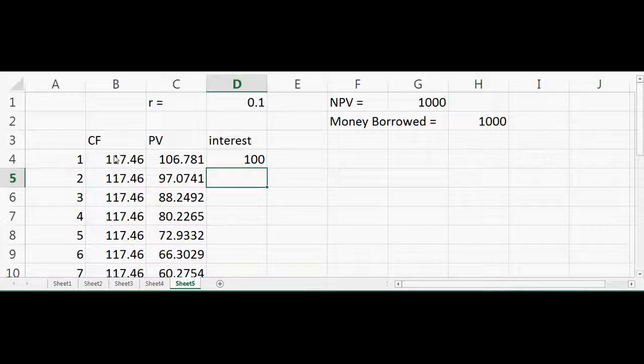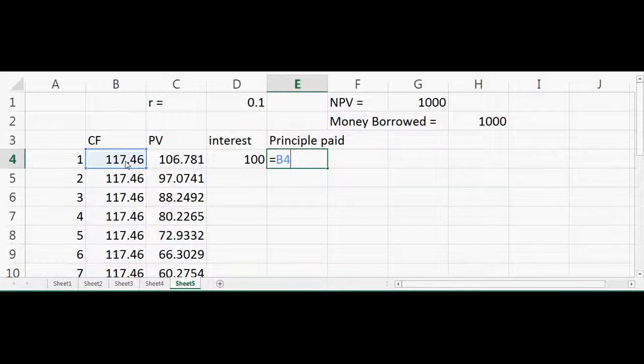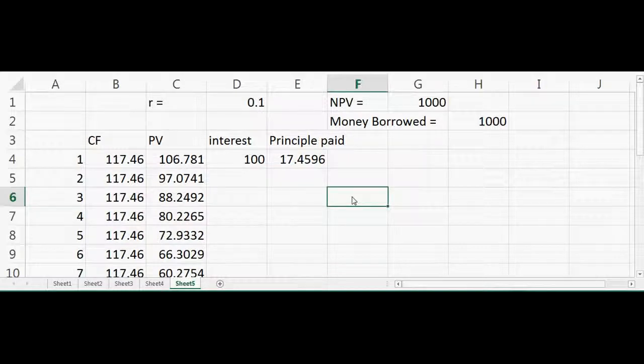So principal paid will be equal to cash flow minus the interest payment. So that is equal to $17.45. So he only paid a principal of $17.4596.